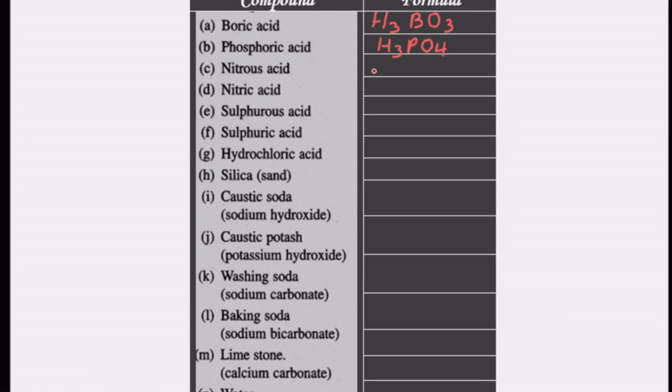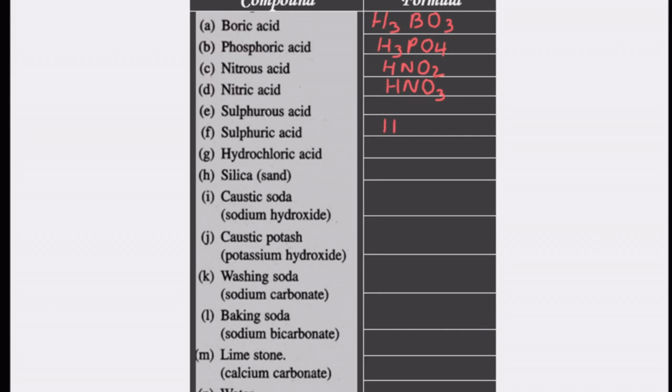Nitrous acid. All of us know the formula of nitric acid, which is HNO3, and the formula of nitrous acid is HNO2. We know the formula of sulfuric acid.